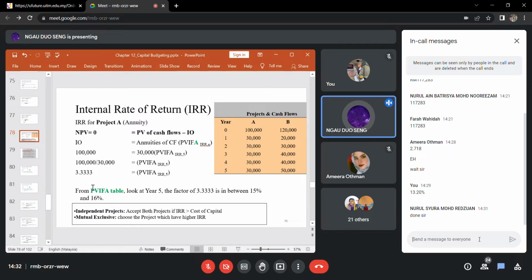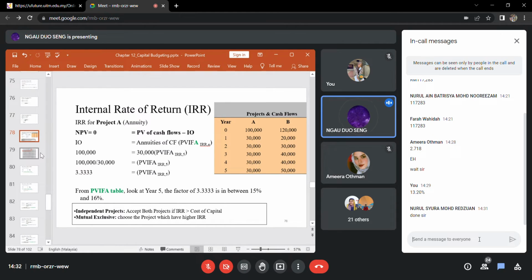So from the table, present value interest factor annuity, look at year 5. We know this is the fifth year, year 5. Then we look in the table for 3.3333.